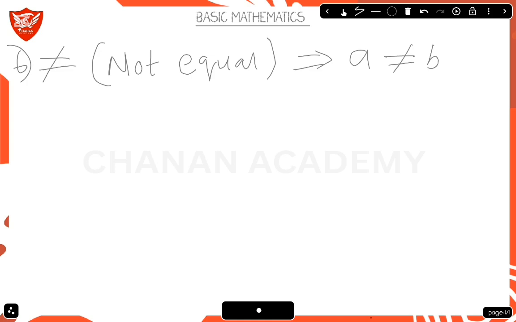So if a is equal to 5, it means that b can have any value above 5 or below 5. b cannot be 5. That's what it simply means. The not equal to sign is saying that if a is not equal to b and a is 5, that means b can never be 5. So that's what that sign means.